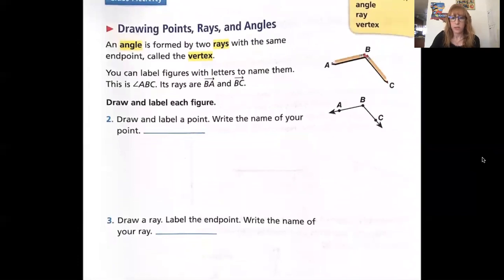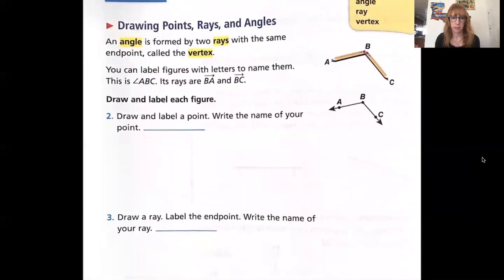Now, we use points, line segments, and lines to create angles. And when we draw angles, we have some more vocabulary to review. So first, we have angle, which is this, right? We have two rays and a vertex, okay? They share an endpoint.